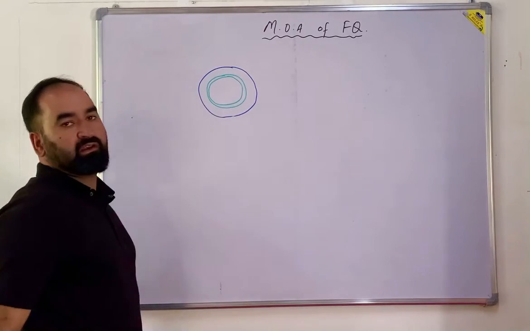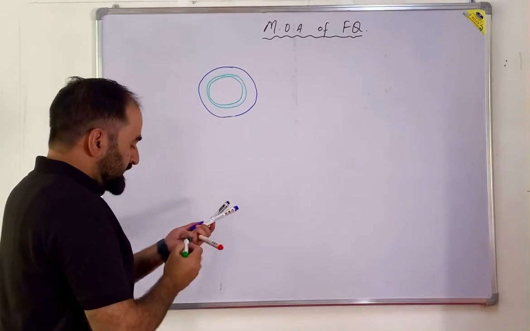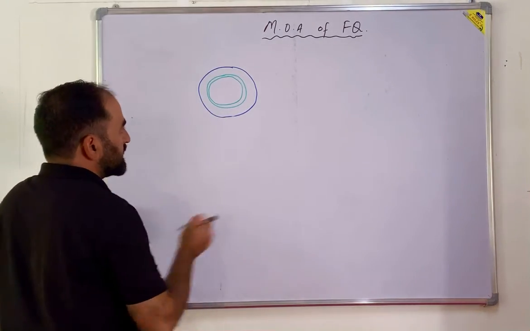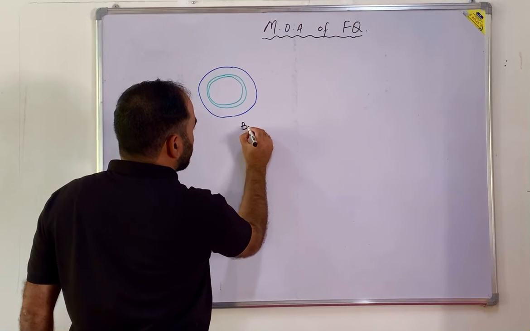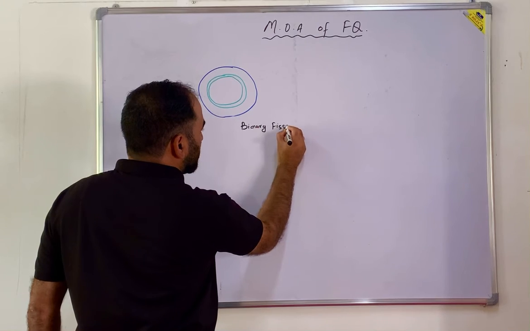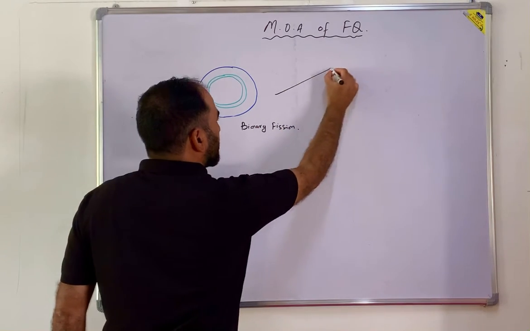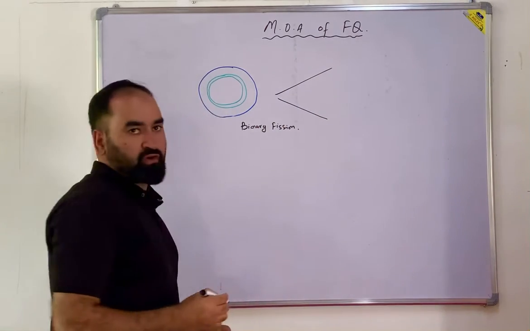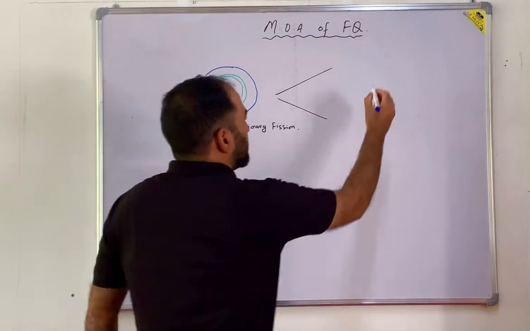This is the circular DNA. You know, the bacteria divides by binary fission, in which this cell produces two daughter cells, like this way.